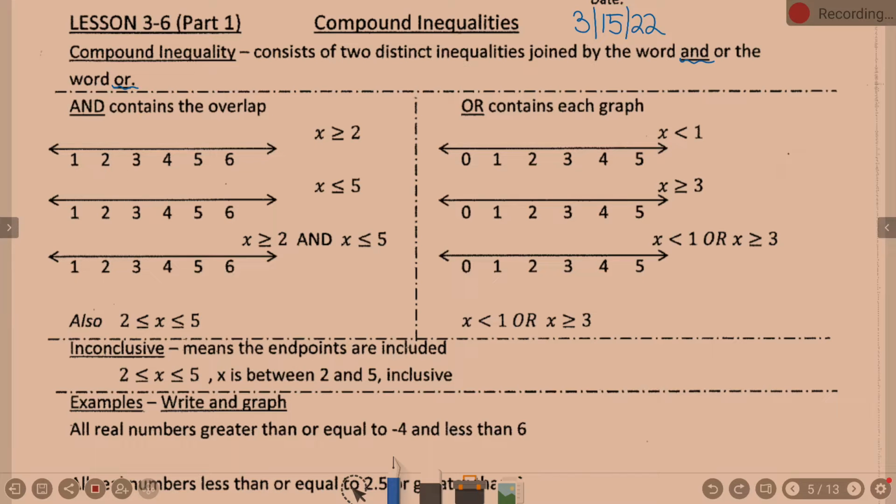How do we graph x greater than or equal to 2? You guys know this. We've done this. Closed circle. We're going to have some kind of dot or circle at 2. Why are you telling me it's closed? Because it's equal to. And then because it's greater than, we're going to go to the right.